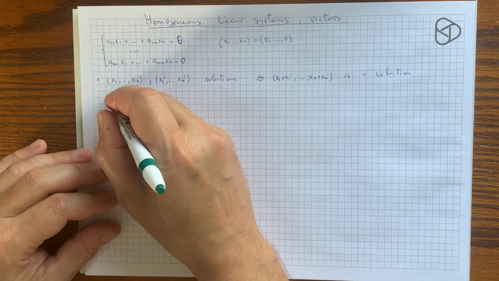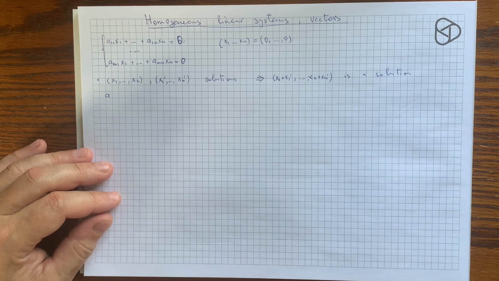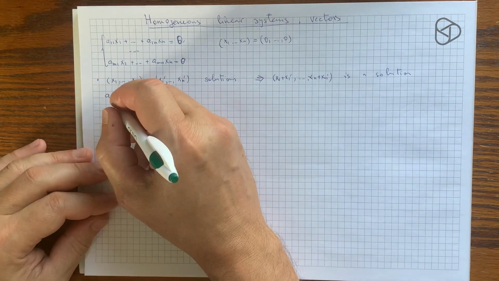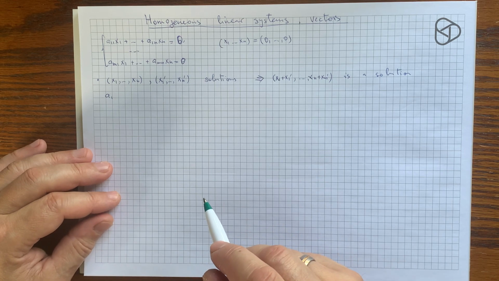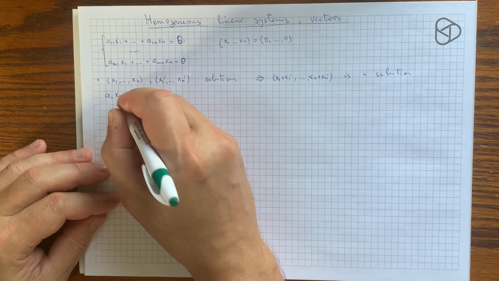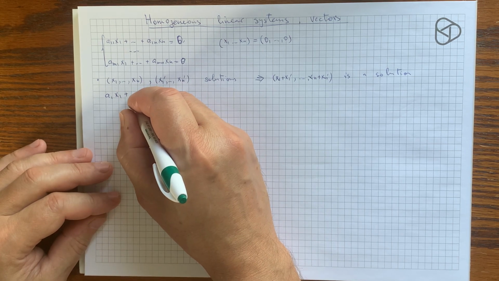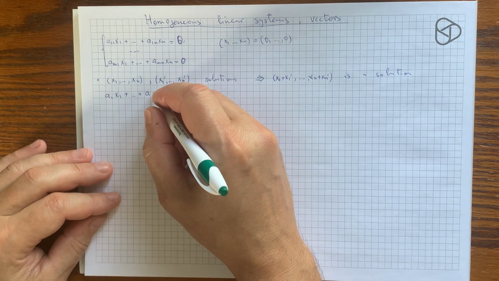Let's check. We have a bunch of homogeneous linear equations. It's enough to just check for one. And for that, I will drop the first index, which labels the equation from all the coefficients. So I have the condition that the first collection of numbers solves my equation.